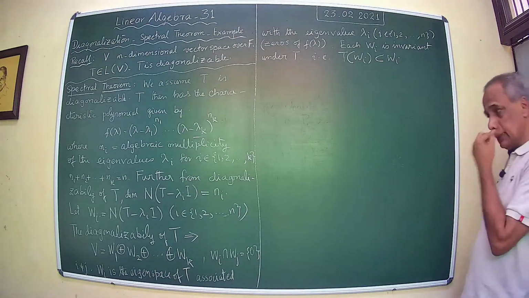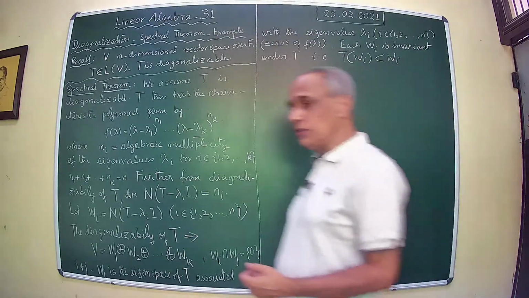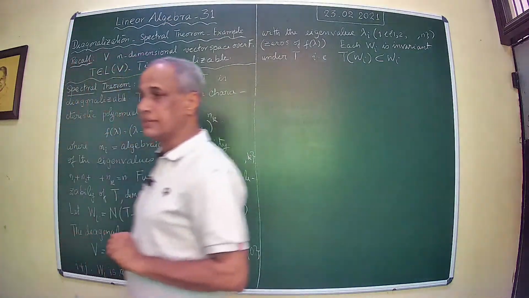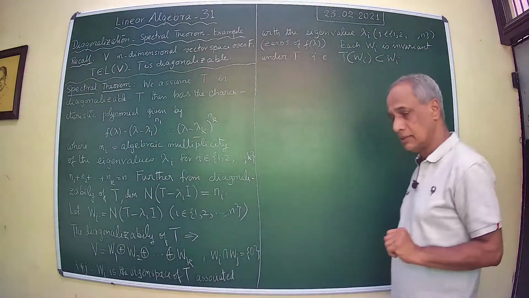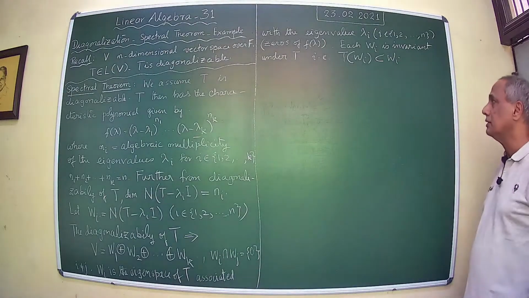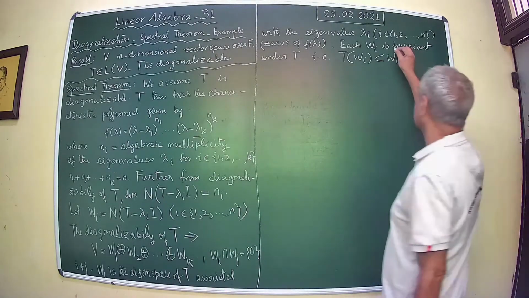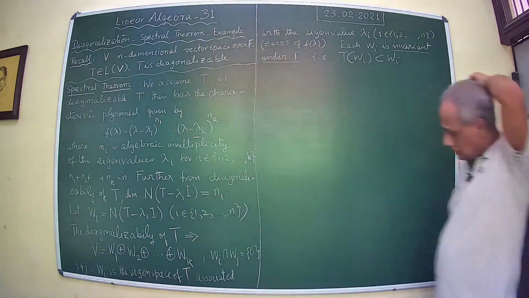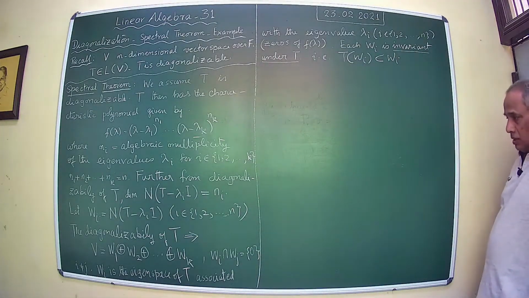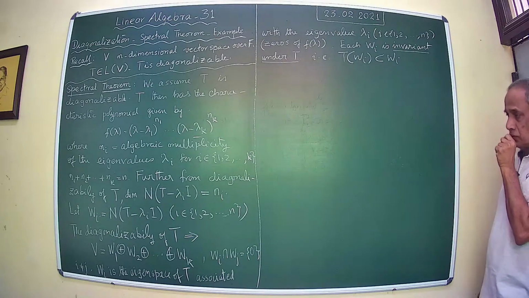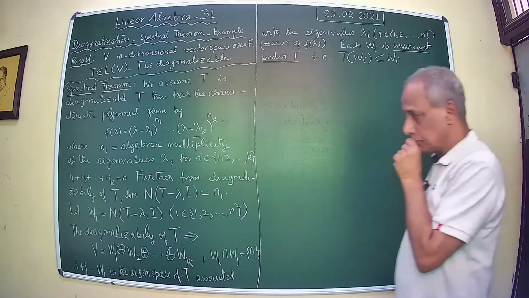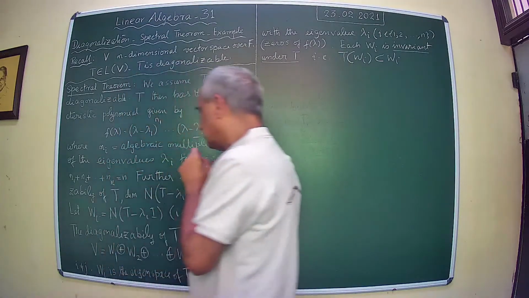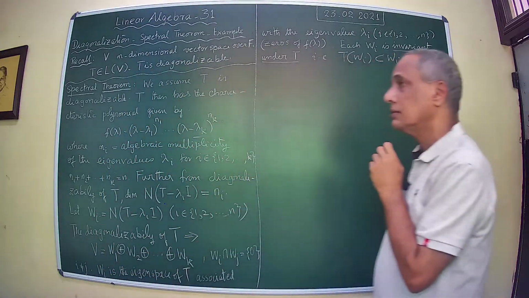So the subspaces W1, W2, Wk are invariant subspaces associated with T. Now this is an important observation. So we have successfully shown that V is the direct sum of these invariant subspaces.